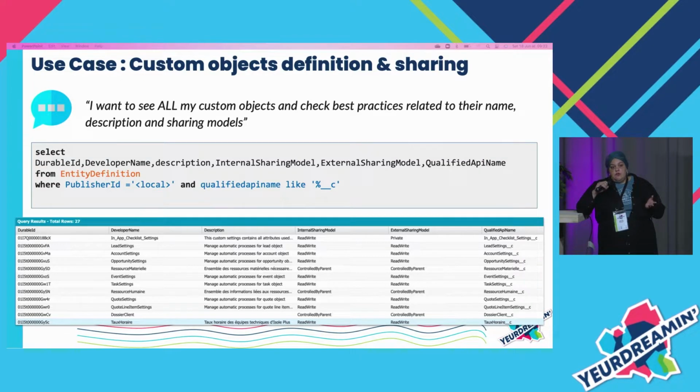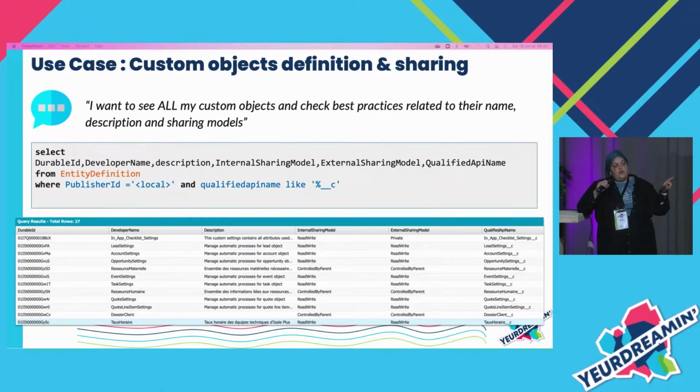Also, if you're an admin, you can build some queries and ask, for example, your developer to run these queries and send them by email. So it's always better to run this kind of test or check from the same interface, rather than having to go through all the objects.